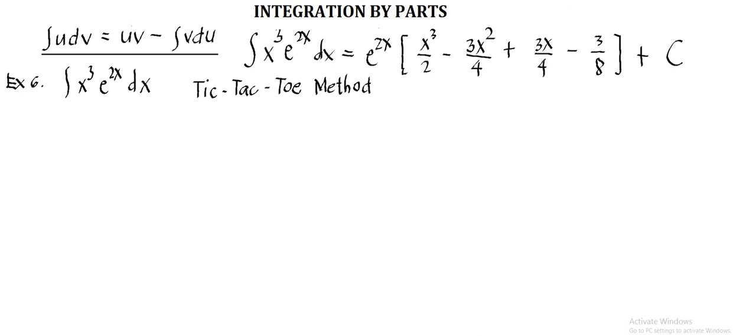So, dito sa ating problem, meron tayong dalawang functions. Yung algebraic function na x cubed at saka yung exponential function na e to the 2x. So, yung algebraic function, tatawagin natin u of x.